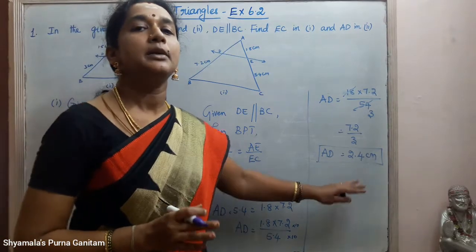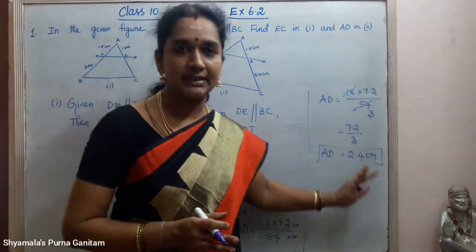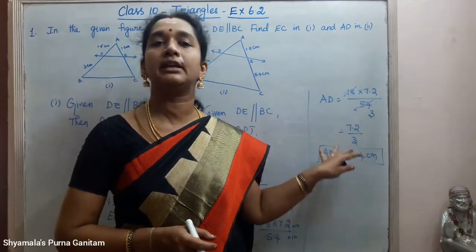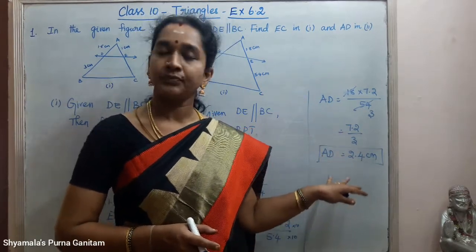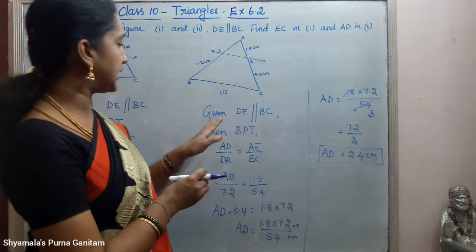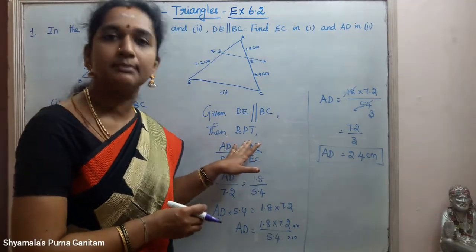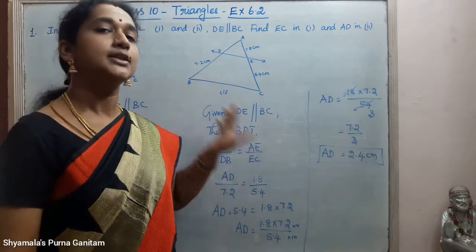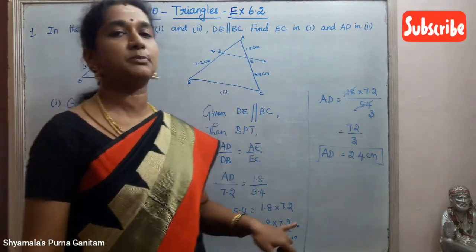In both the sums we have used the basic proportionality theorem. These types of sums will definitely come in the board exam as 1 mark sums. You definitely need to write this, as marks are allotted for it: then by basic proportionality theorem. So practice as many sums as possible.